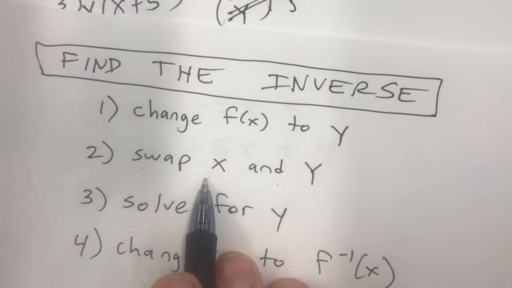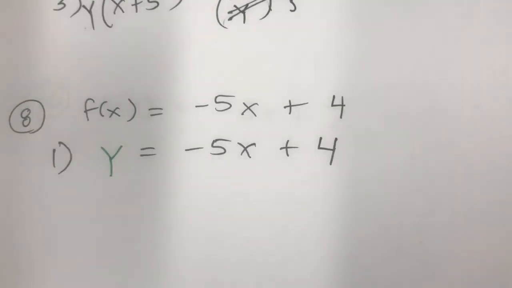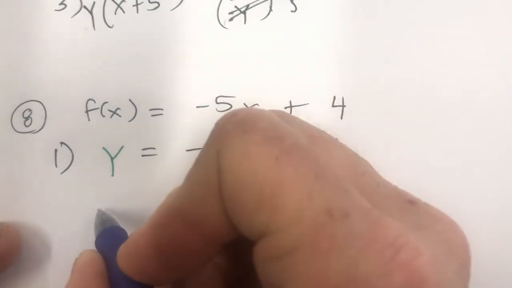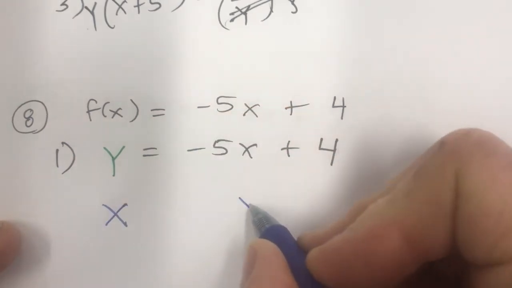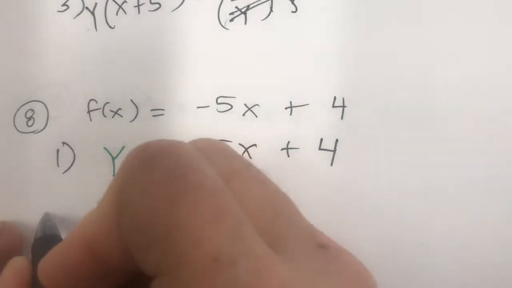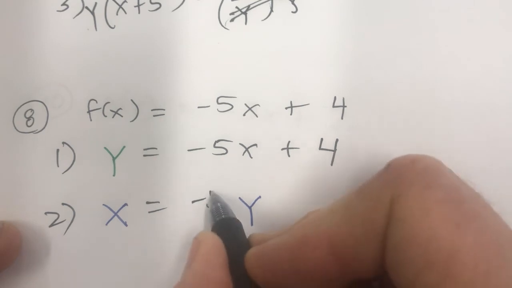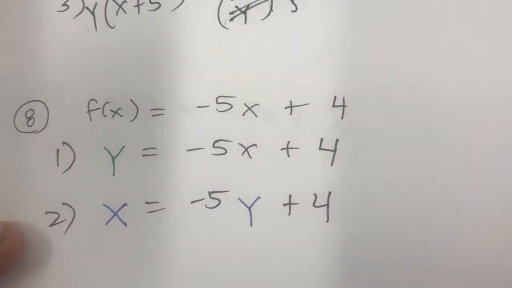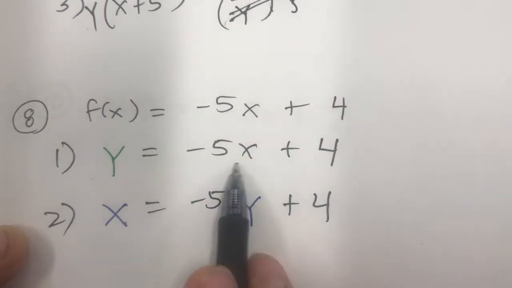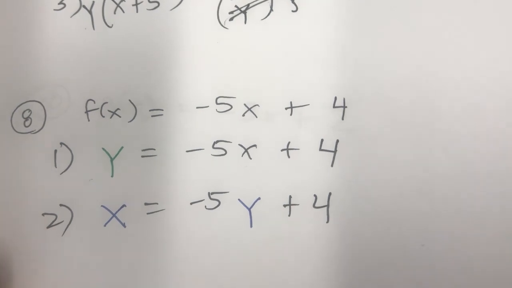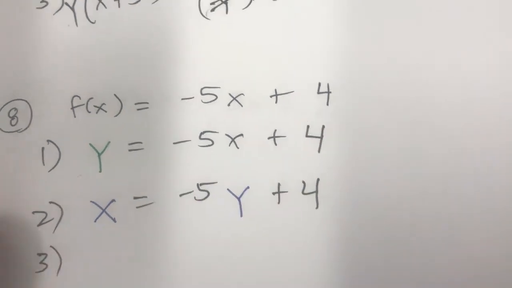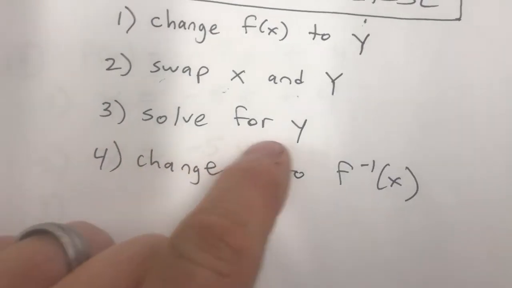Step 2, I swap x and y. So that means now this is going to be x, and this is going to be y over here. So I swapped the x and the y. Now step 3, I've got to solve for y.